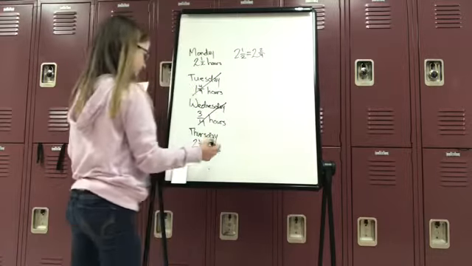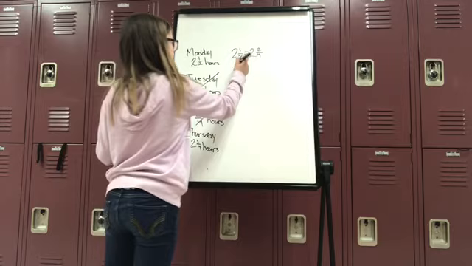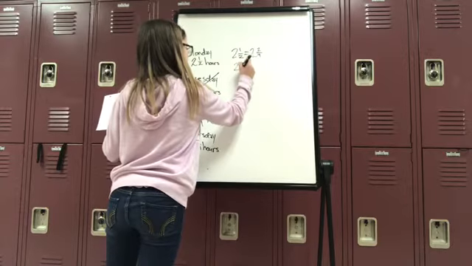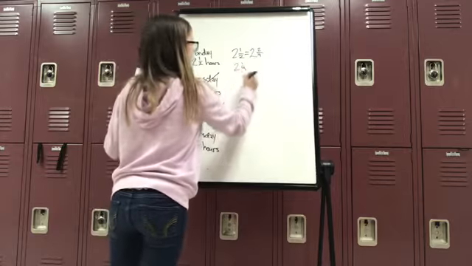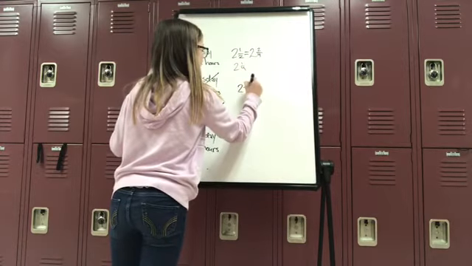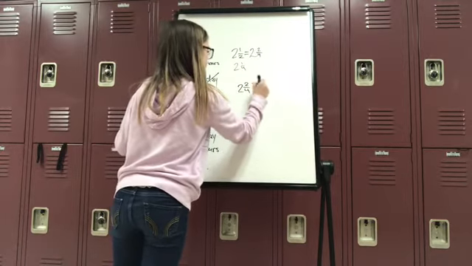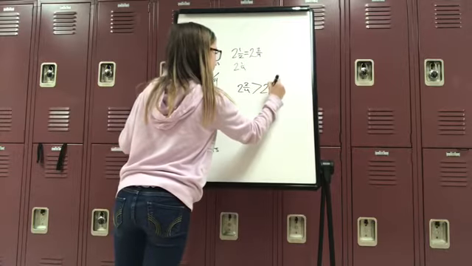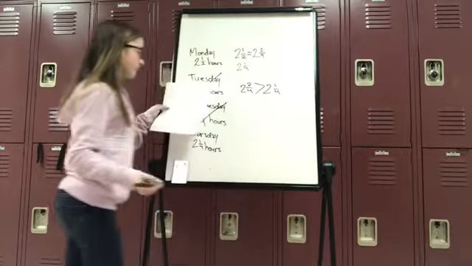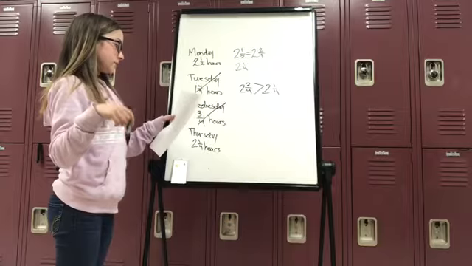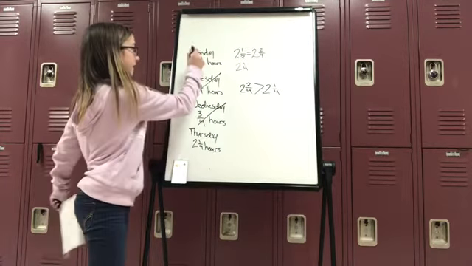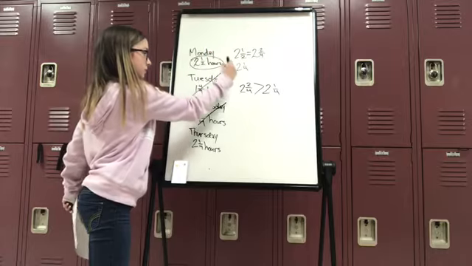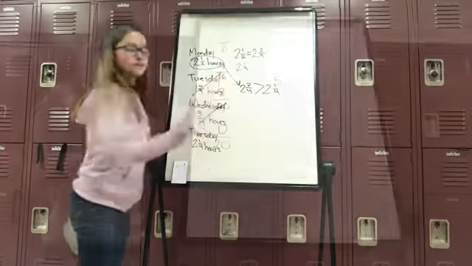And on Thursday, we already know it's 2 1/4. And then we see that 2 2/4 is greater than 2 1/4. Therefore, the answer is 1, because Monday is equal to 2 2/4.